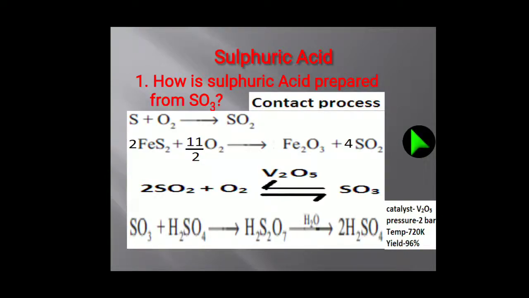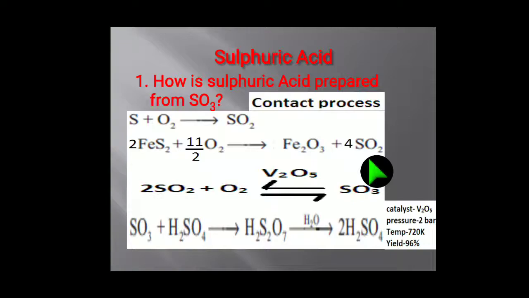The first step, initially the sulfur dioxide is produced by burning sulfur or iron pyrite FeS2 in oxygen or air. We can get sulfur dioxide. Sulfur dioxide is the first step.